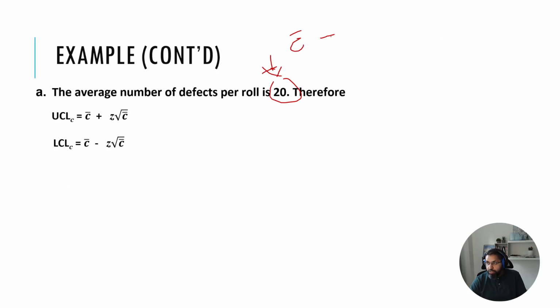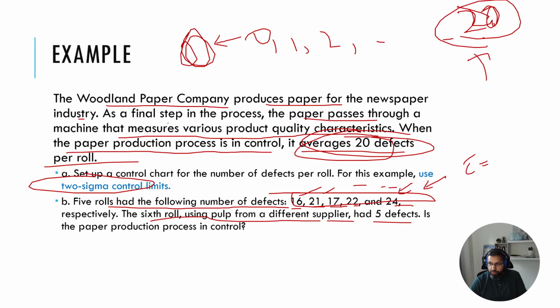If C bar is 20 from a lot of data in the past, then the standard deviation of C bar is simply going to be the square root of 20. And we know Z is 2 because we need 2 sigma control limits based on the question.